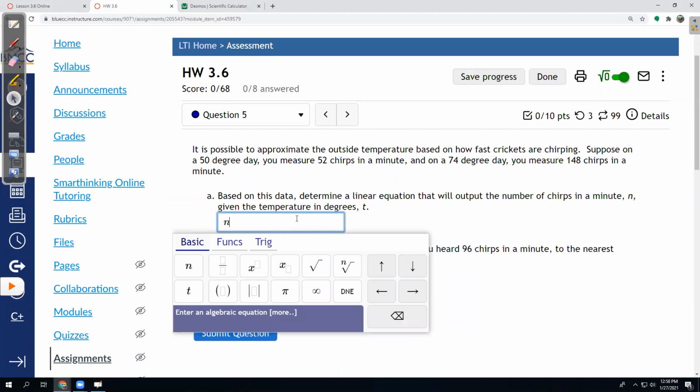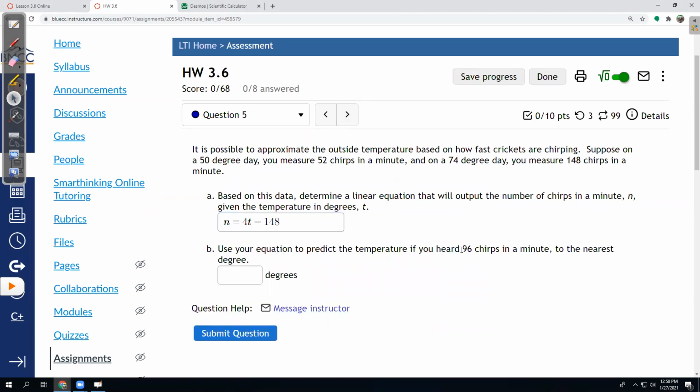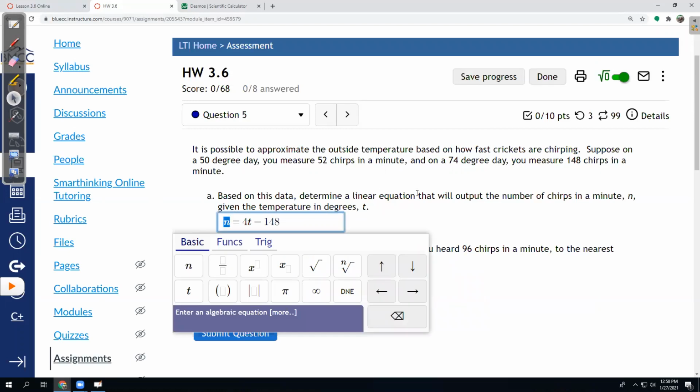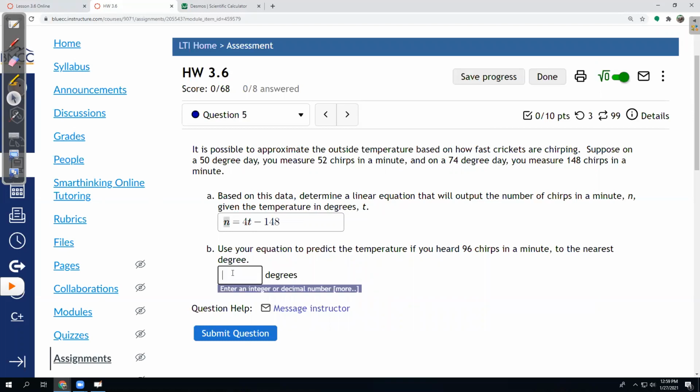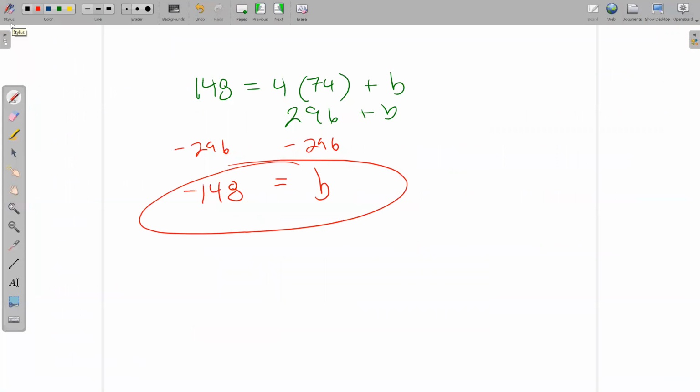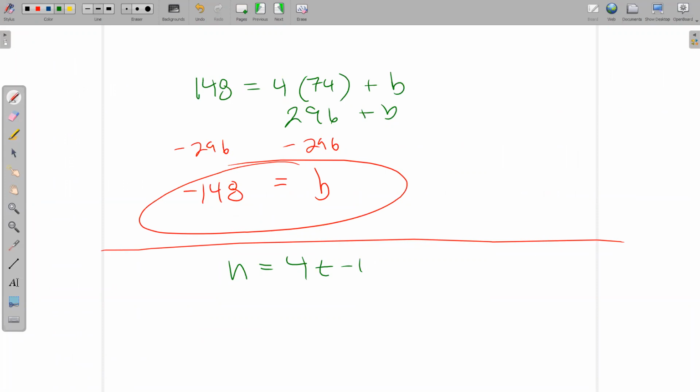So I got an equation here, n equals 4t minus 148. And then the next step would be to plug in 96 chirps. So that would be my n, and then solve for t. And so you guys are getting better at solving equations. I'm going to leave that one for you, but that would be the last step here. So for part B on this problem, I have the equation n equals 4t minus 148.